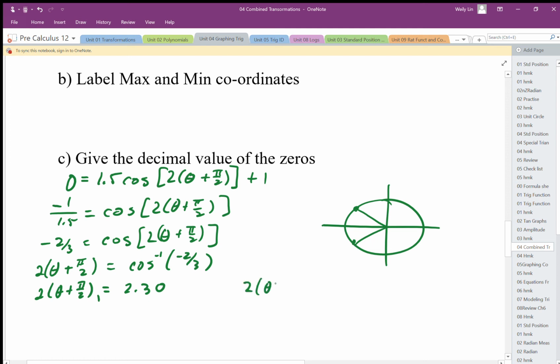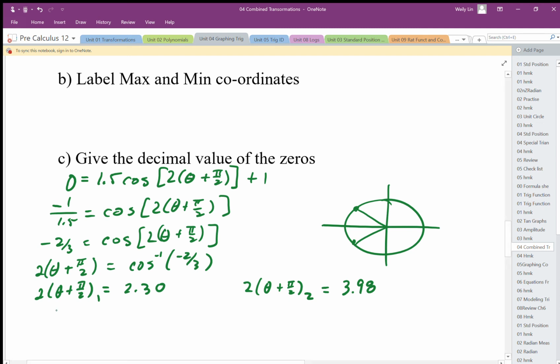The theta 2 version of this is going to be 2 pi minus theta 1. And I'm getting about 3.982. So those are my two solutions. I need to solve them.